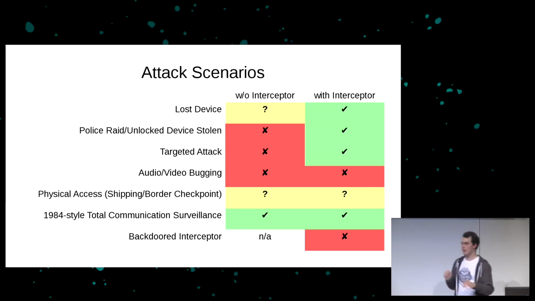Now, targeted attack, or what I described as targeted attack, is basically somebody with a lot of money who really doesn't like you. So, for example, somebody specifically wants your email.